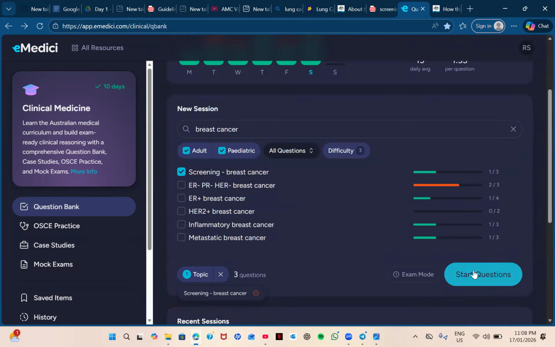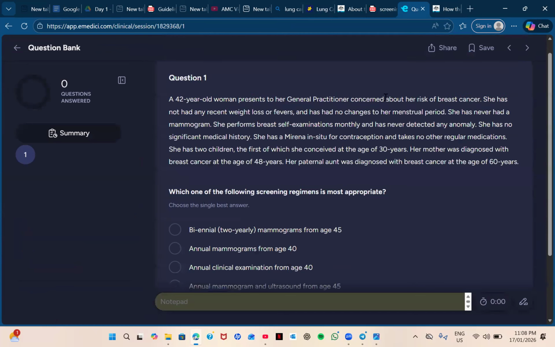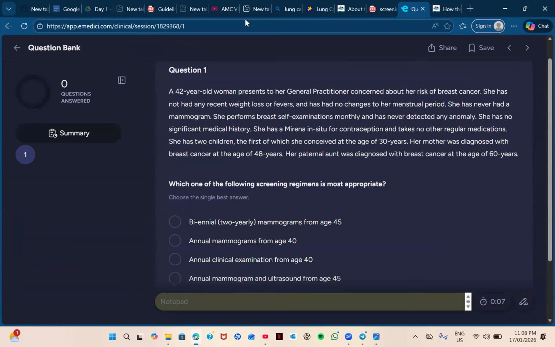Okay, we got three questions. Let's do one by one. A 42-year-old woman presented to a GP clinic about her risk of breast cancer. She has not had any recent weight loss or fever and has no changes to her menstrual period. She has never had a mammogram.